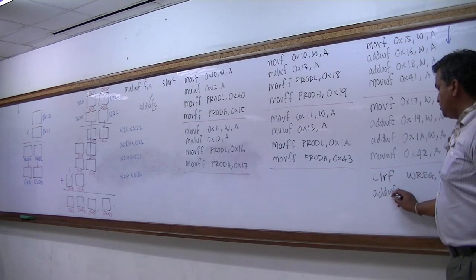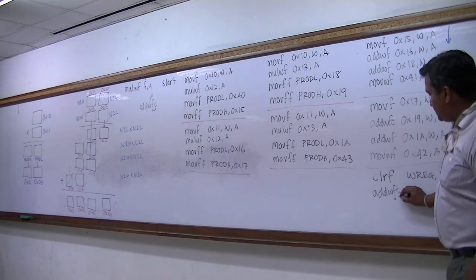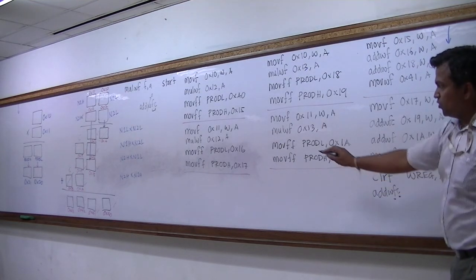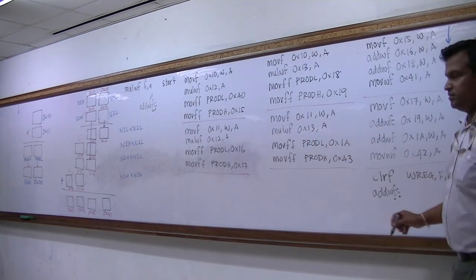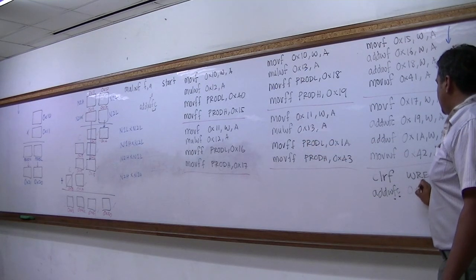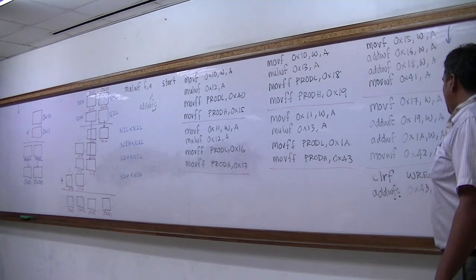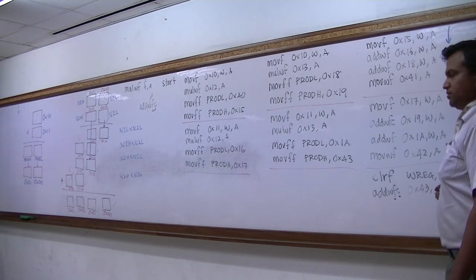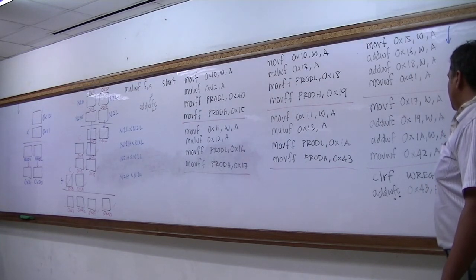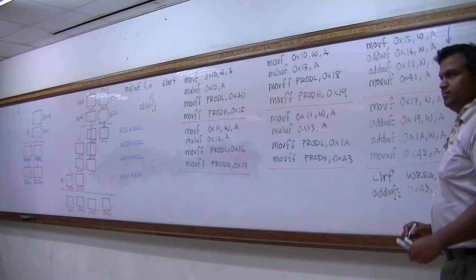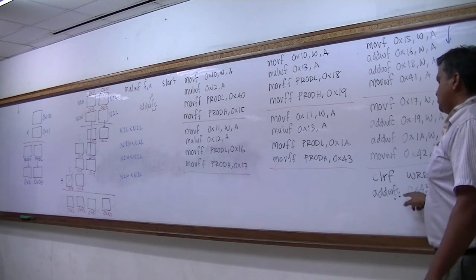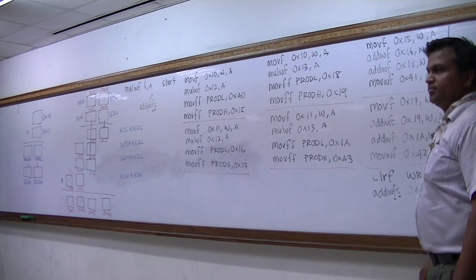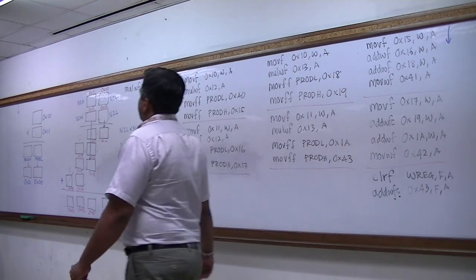So you need to make it 0. Actual thing I'm interested in is to add the carry, if there is carry, to 43. So I'm going to add to 43. What's the destination? Yes, this one should be F. If there's a carry, it will add. If there's no carry, it will add 0. So this is only for double byte.